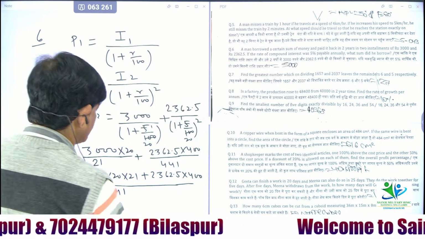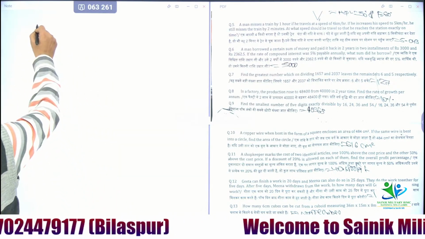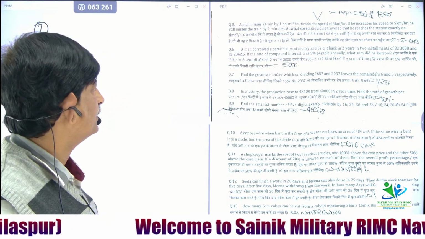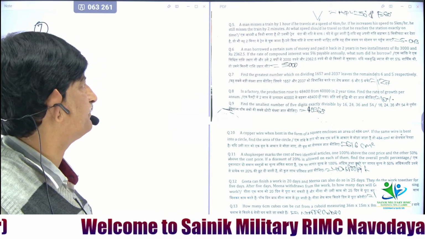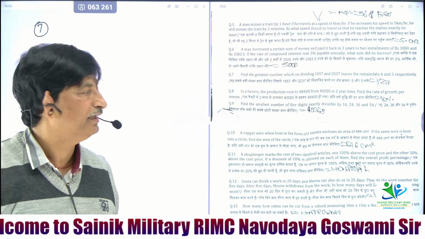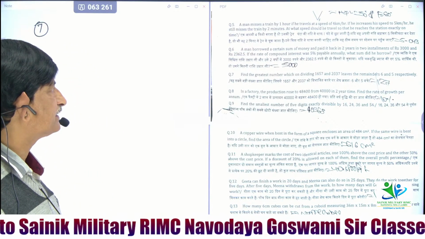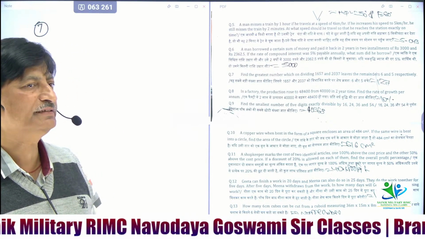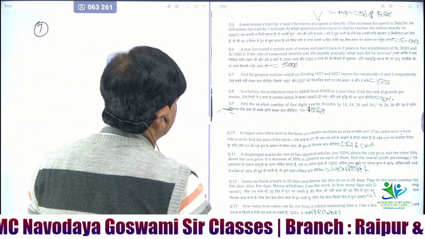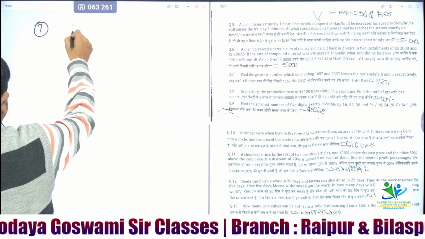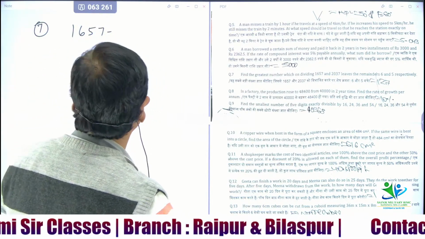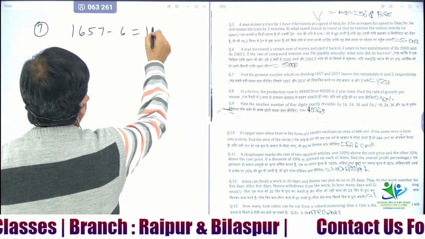Now in question number 7, find the greatest number which, when dividing 1657, आपको ये ब्रेन में बिल्कुल सेट कर लेना है कि जब कभी भी ग्रेटेस्ट नंबर फाइंड करना है, यू हैव टू डू द एचसीएफ. तो यू हैव टू फाइंड द ग्रेटेस्ट नंबर, बट रिमाइंडर इज देयर, गिवन देयर. तो फर्स्ट subtract the remainder from 1657, and in this case remainder is 6, and you get here 1651.